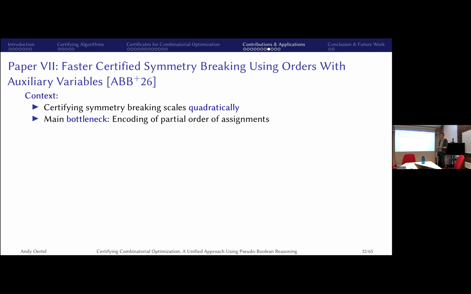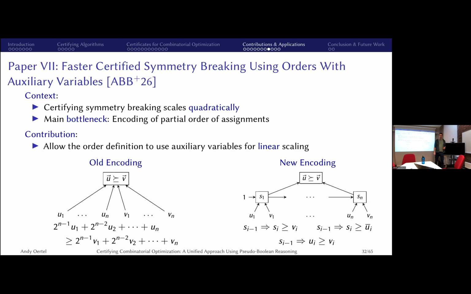So this is not good. The main bottleneck here was the encoding of an order. For symmetry breaking, we want to define the canonical solution to be the minimum with respect to an order. And then encoding this order was taking quadratic size.